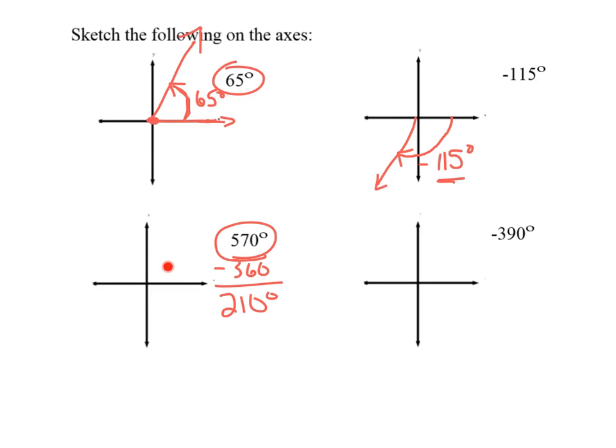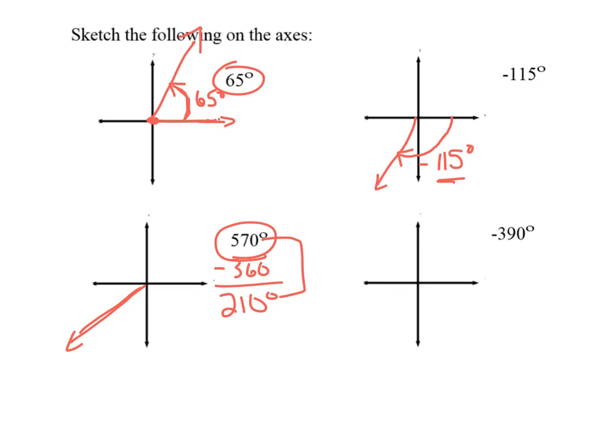Again, it's positive, so it starts here and goes up. This is 180. Going down to around here-ish is where 210 is going to be. So, again, 210 and 570 are coterminal. So they're going to end in the same spot. That was just a tool for me to figure out where the angle terminates.